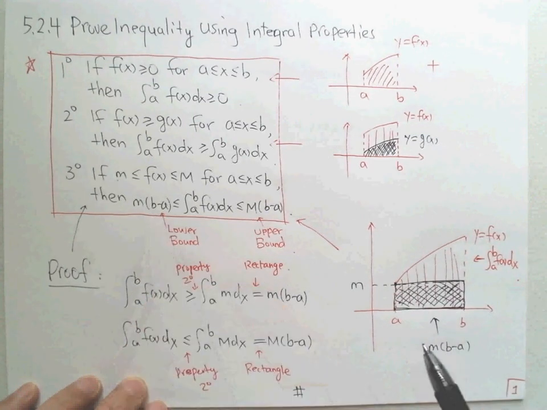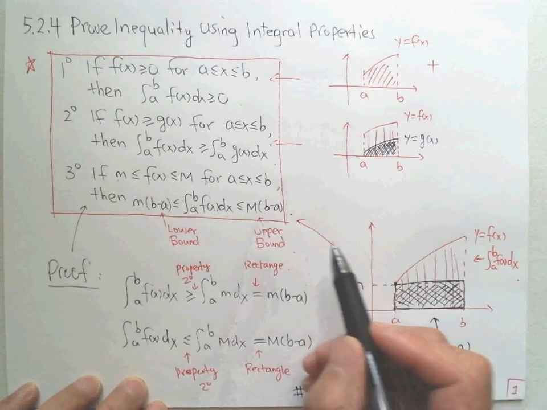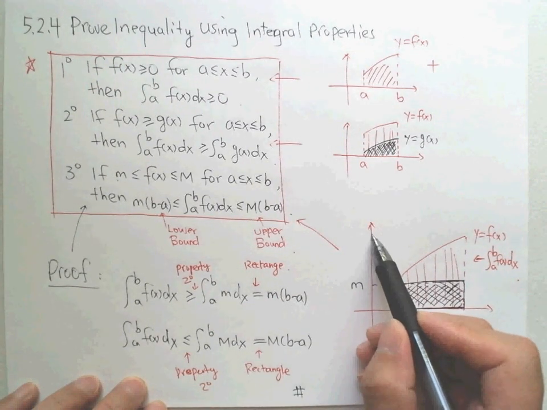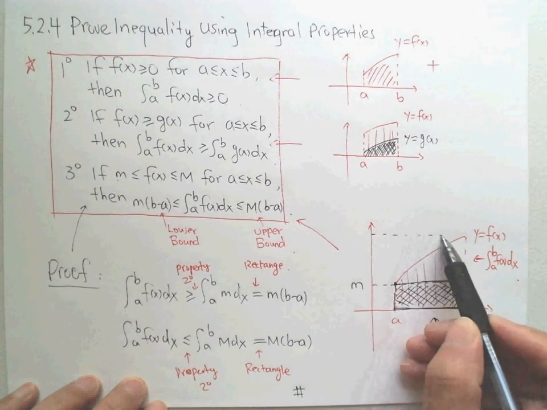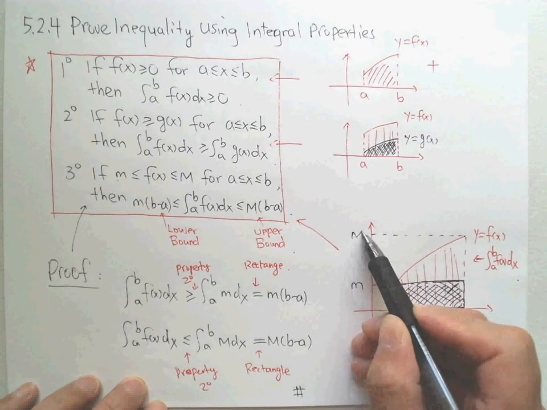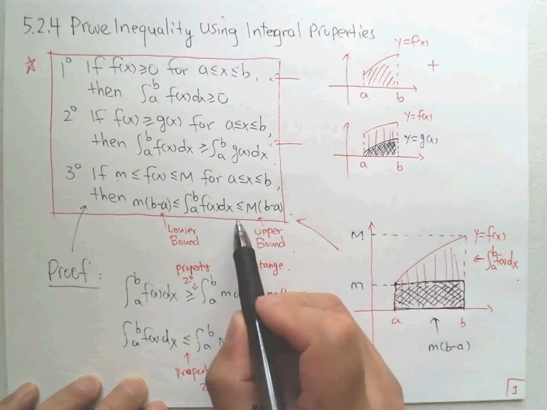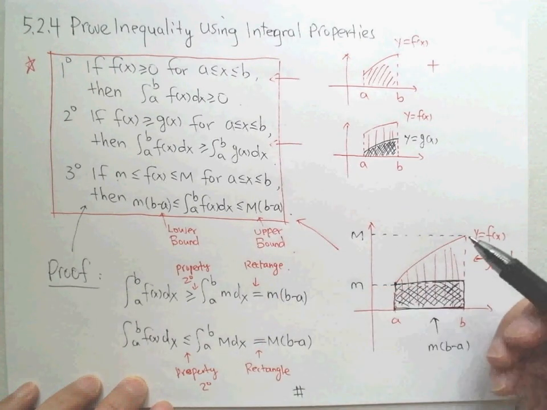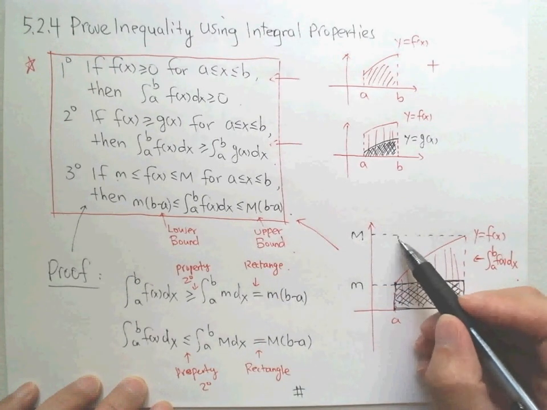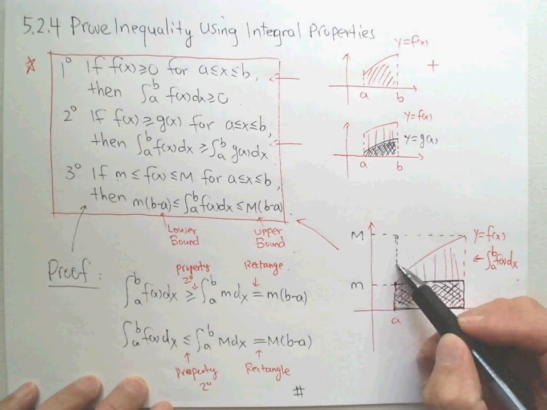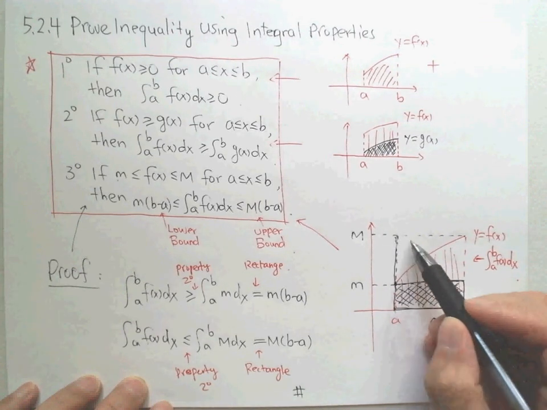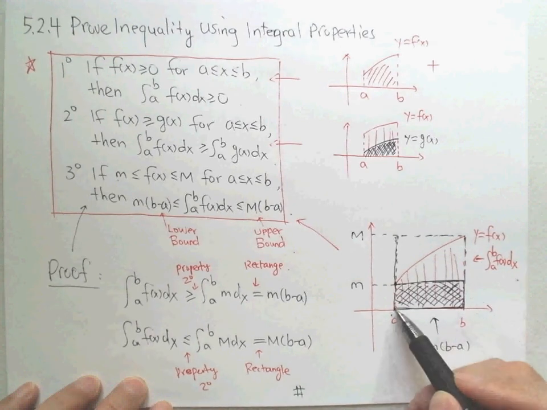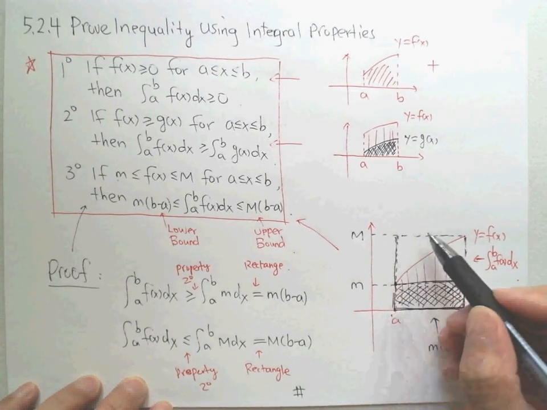That means the left. What is the right? Capital M is the maximum. So I put the maximum here. If this point is the maximum, this number is also the area of a rectangle. This is the rectangle, you can see. Put it from the bottom to the top.